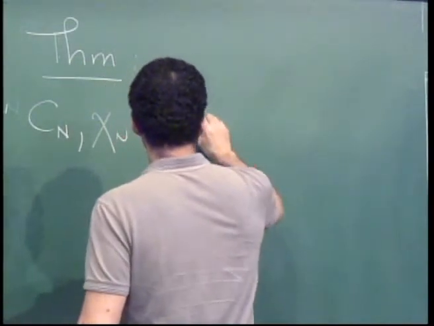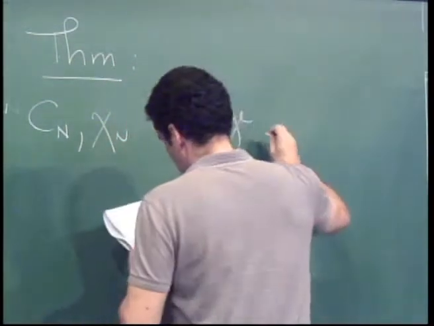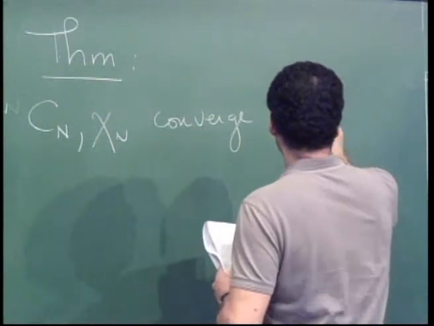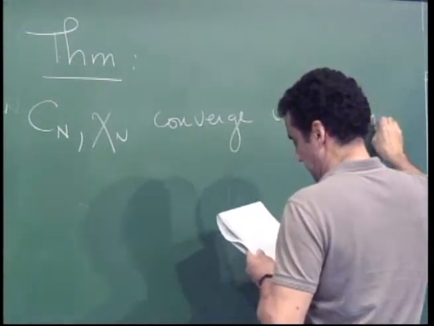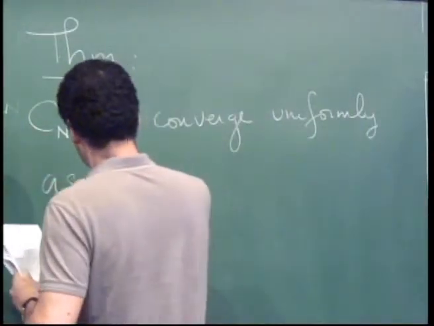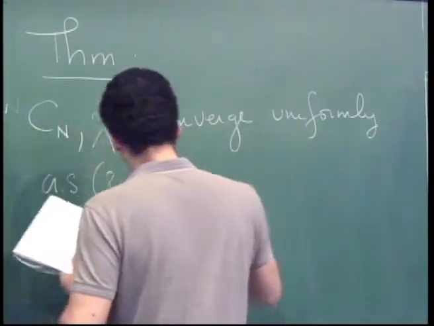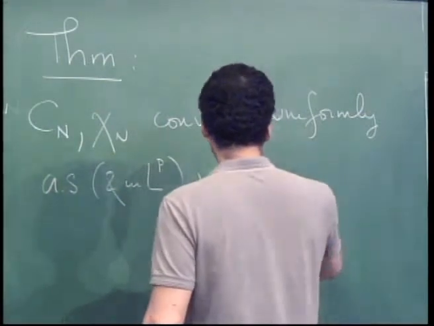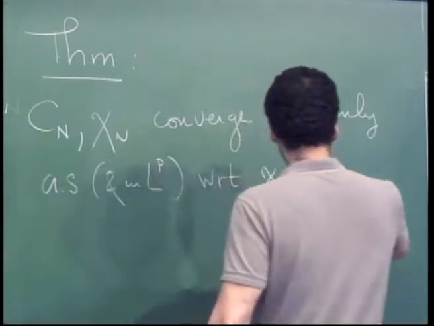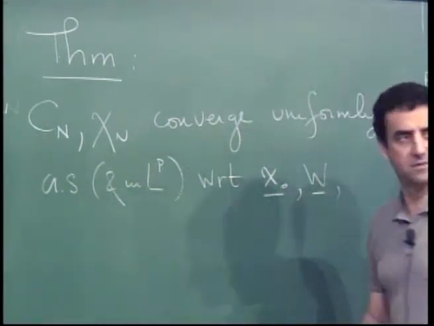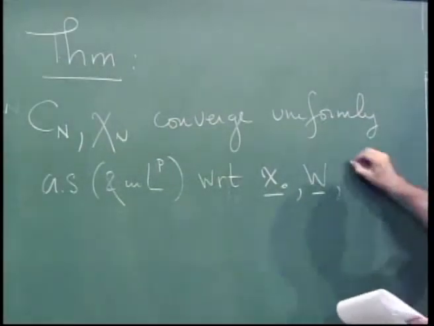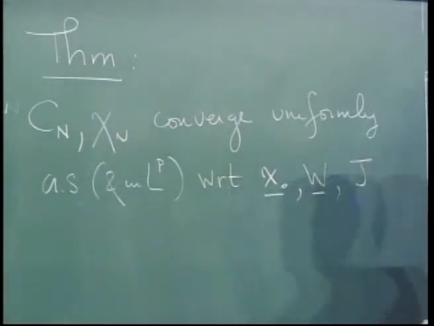converge uniformly, almost surely, and in L^p, so very nice, almost surely with respect to all the disorder, almost surely with respect to the initial condition, with respect to the noise, and with respect to the J's. So we have three randomnesses here.